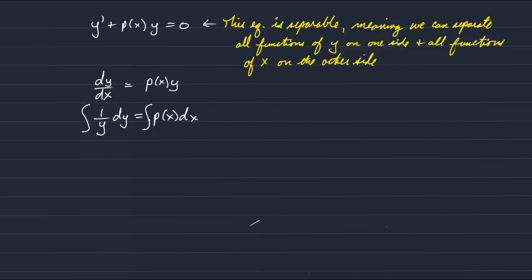We can integrate the left side with respect to y and the right side with respect to x, and we get the log of y is equal to minus the integral of p of x dx, plus our integration constant, and that gives us the solution that y is equal to e to the minus integral of p of x dx plus c.